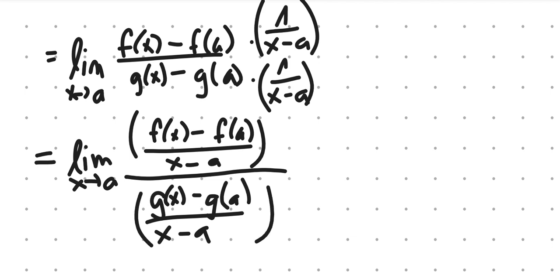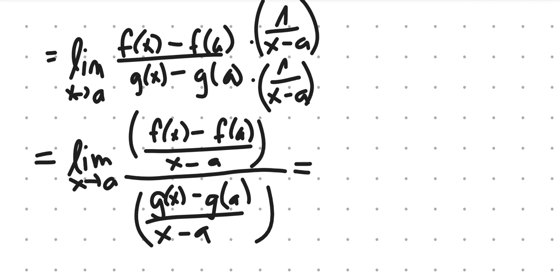Now, since we have a fraction on top and the bottom, we can split the limit into the two fractions. This limit theorem I have proven in another video. Go and look at the channel so that you can see it.